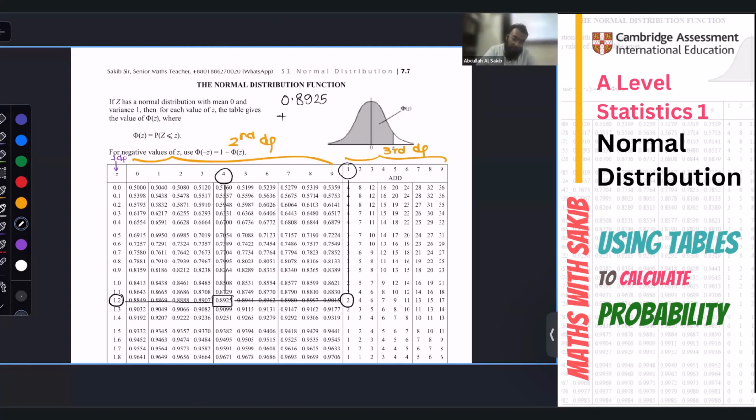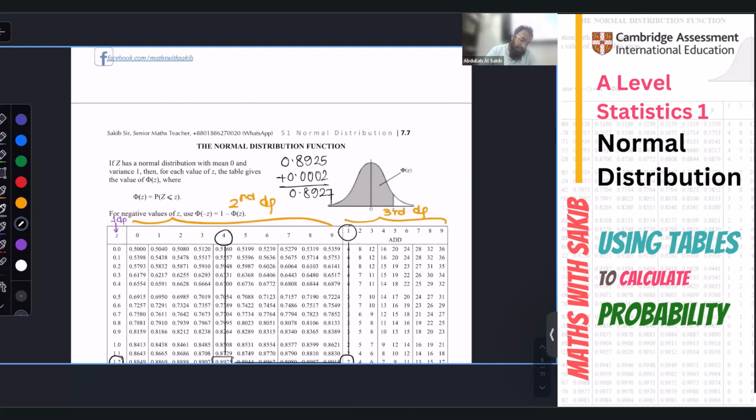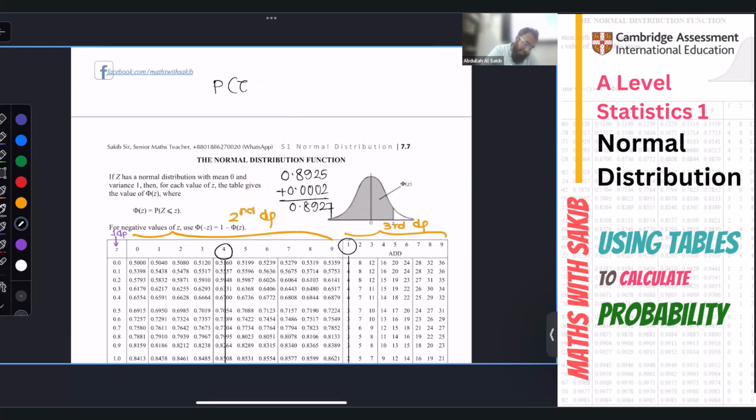Clear, Baba? So now just add it: 0.0002. So that's basically 0.8927. Clear? Is it okay? Now, if I tell you to find the probability of Z is less than 0.443.